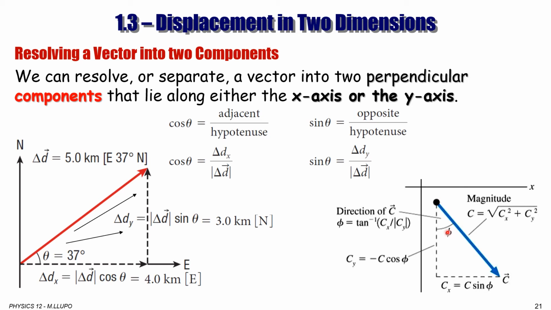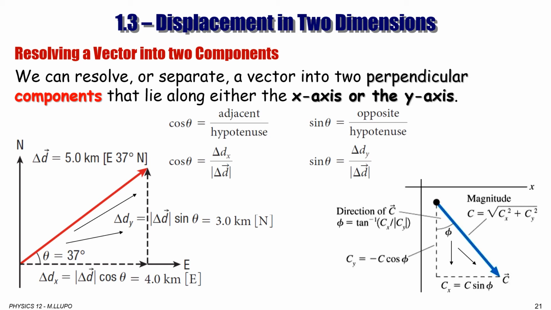Now the angle here is the angle that the vector is making with the y-axis. So in front of this phi angle, it is the x component now. So the x component is equal to c sine theta. So now for the x component, you are using sine, not cosine as you used before.